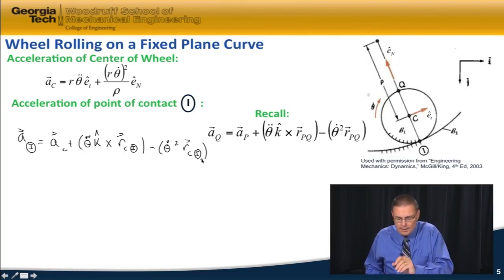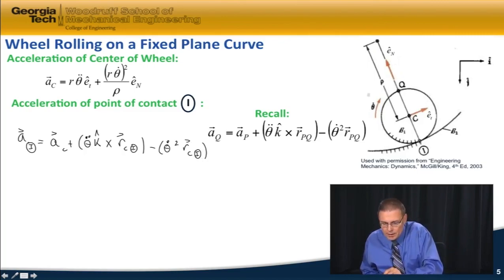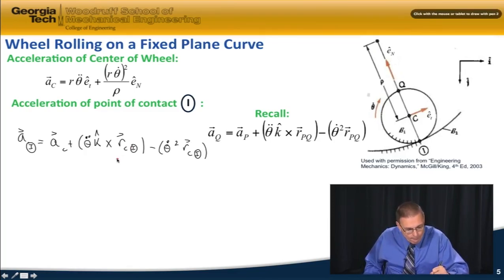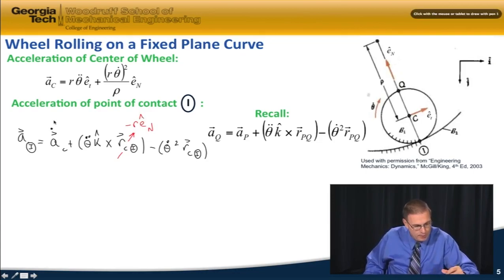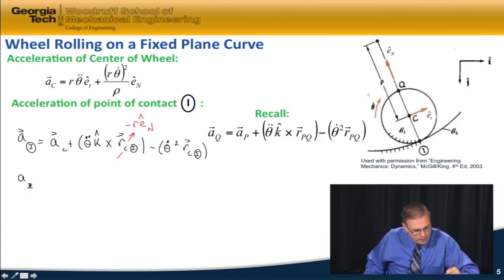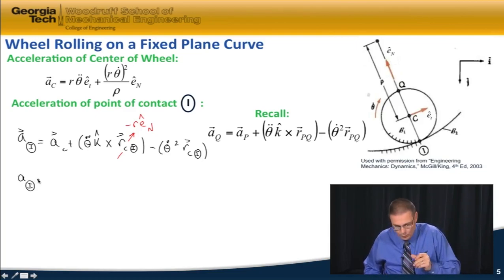R from c to I is going to be little r for the radius in the negative e normal direction. This is minus r e normal.